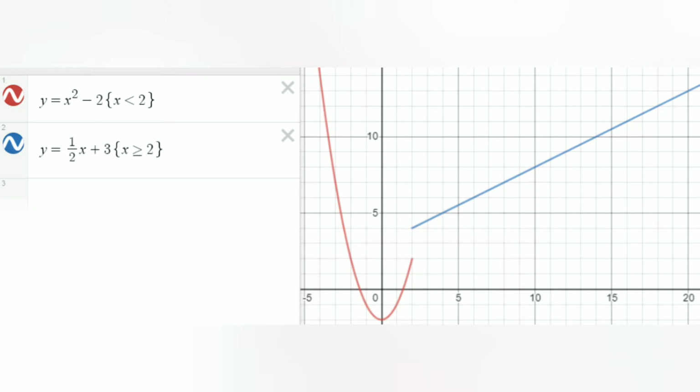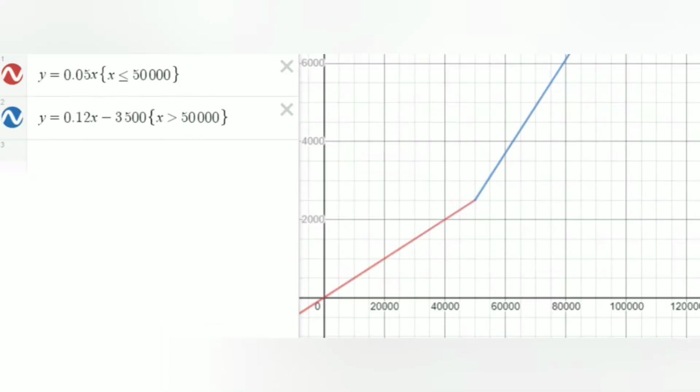In these two equations, you can tell where the separation is, and that's where a piecewise function is. Looking at this graph over here, we can tell it's the equation from question 9. We can tell where the lines separate, where it's below 50,000 and where it's above 50,000, using both equations to separate the piecewise functions.